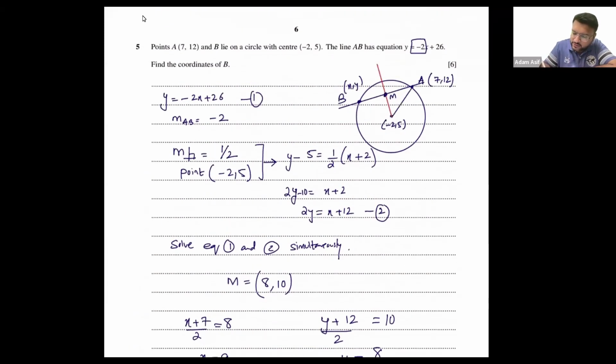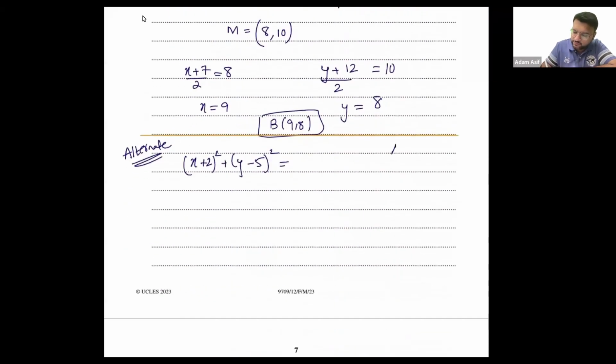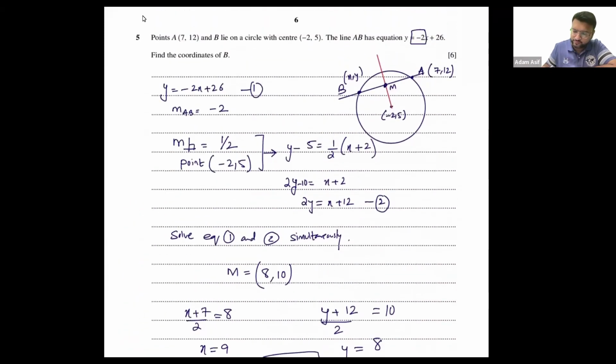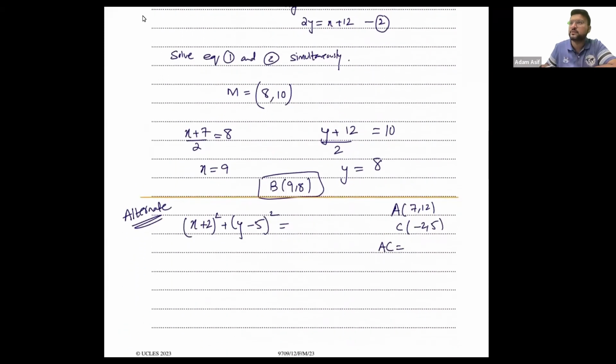By taking out the distance AC. ठीक है, तो A is 7, 12 and C is -2, 5. Calculate the distance AC. Come again? हाँ, तो (7 plus 2) the whole thing square plus (12 minus 5) the whole thing square, square root. क्या value आएगी?